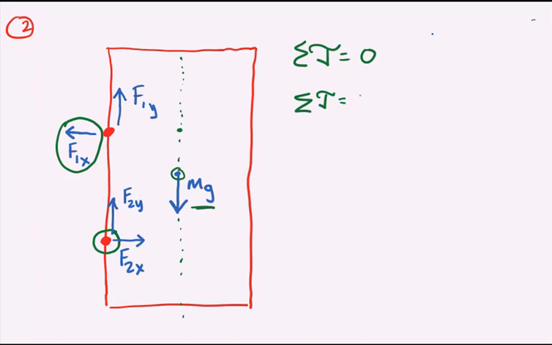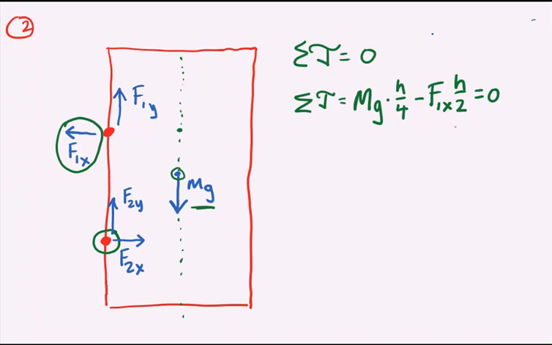Okay, so looking at this tells us that our sum of torques is going to be mg times the moment arm, or the distance that line of action is from our pivot point, which in this case is going to be h over 4, minus the force F1 in the x direction times the distance from our pivot point, which in this case is h over 2, has to equal 0. And do a little math, and we can figure out what that value F1 is.